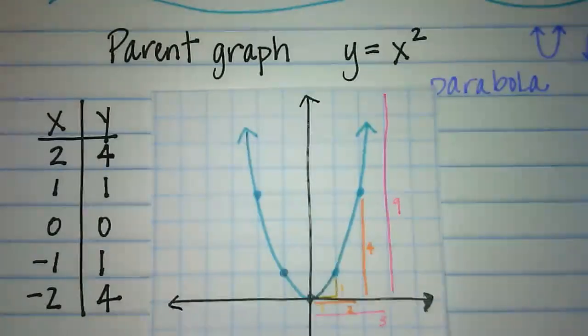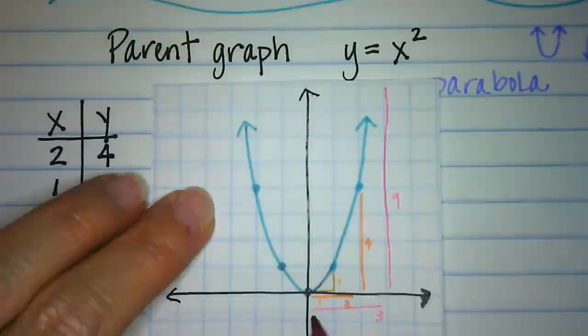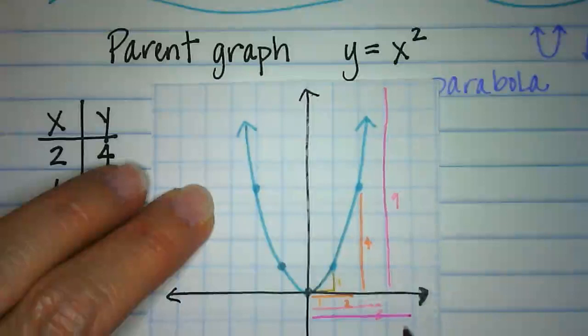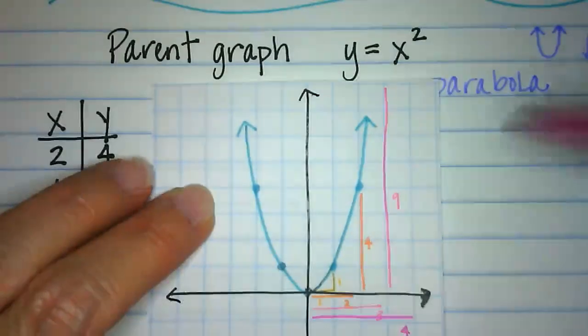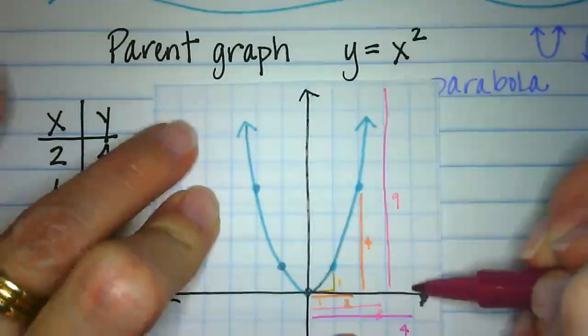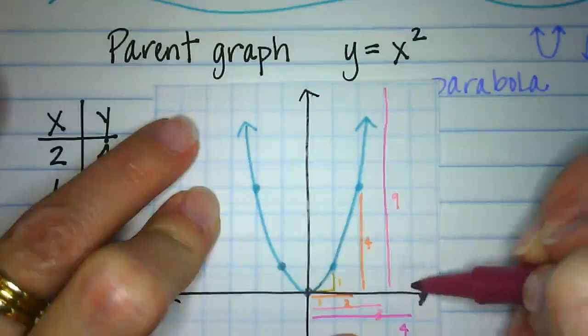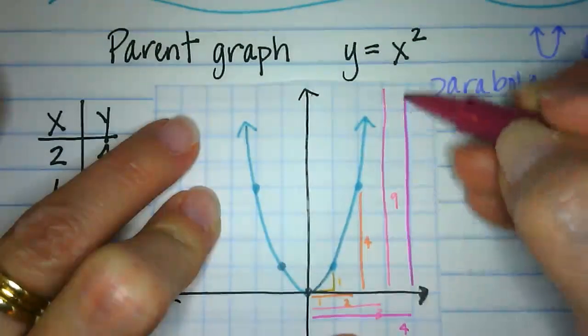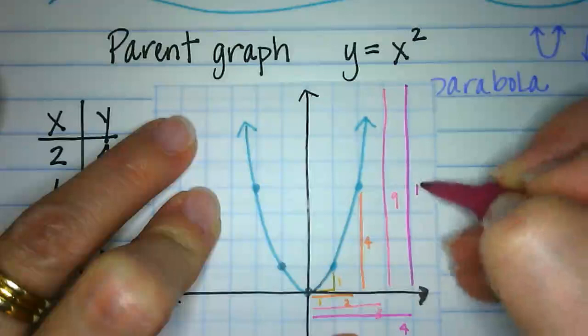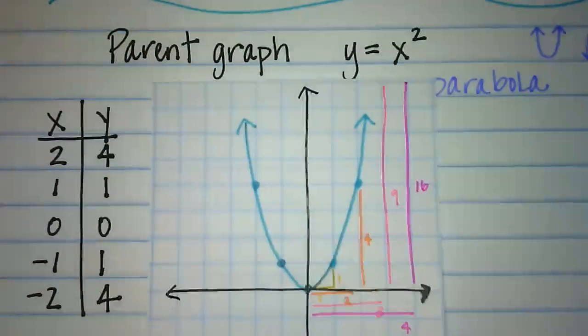Now I don't have the space for this. But if we went over 4, you would expect that the ordered pair would be 4, 16. And this makes sense because we're squaring the value of x.